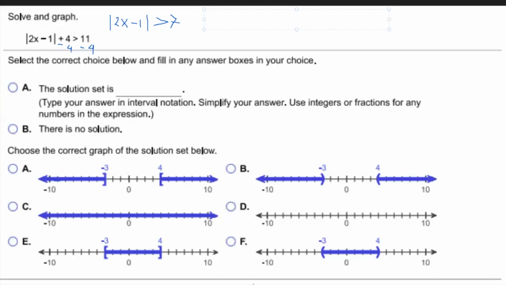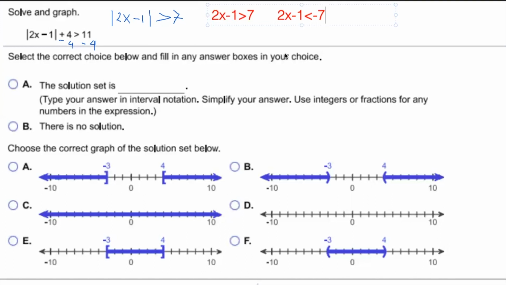So we can split this equation into two and write 2x minus 1 is more than 7, and we can write another equation, 2x minus 1 is less than negative 7.